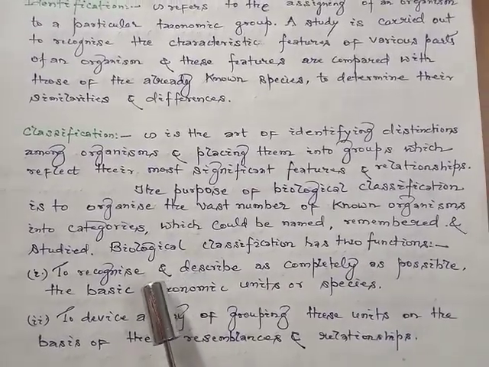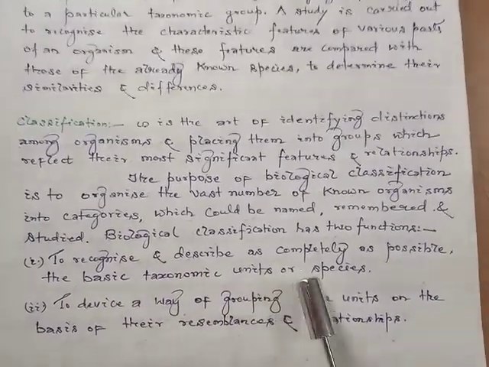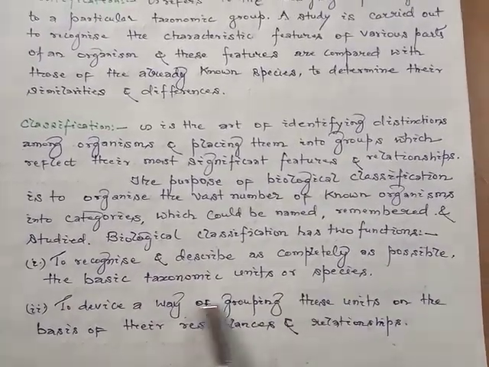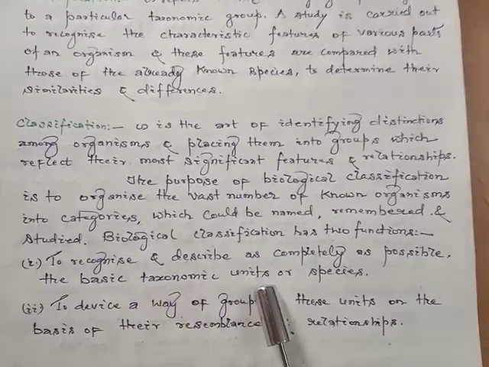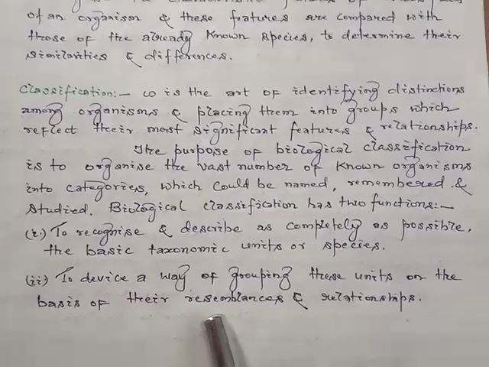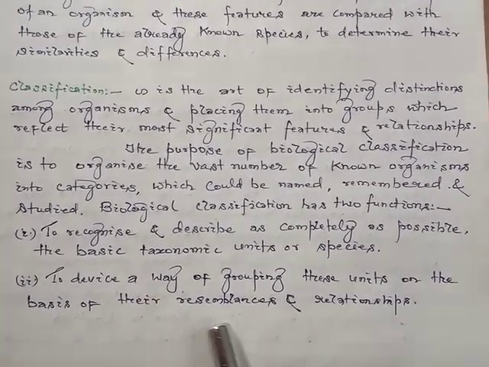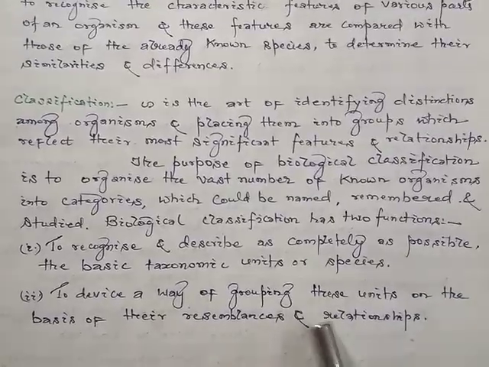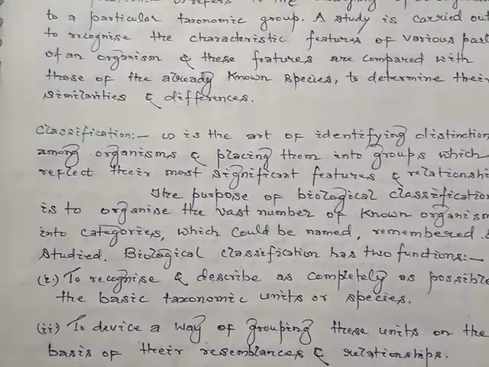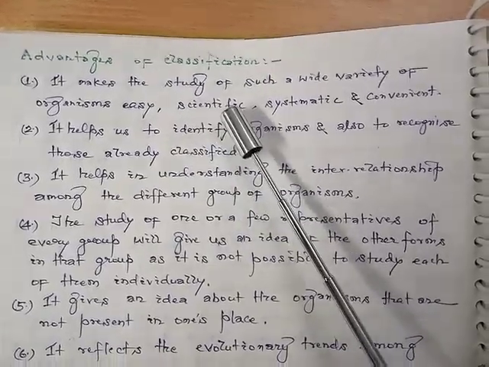What are those? First, to recognize and describe as completely as possible the basic taxonomic units or species. And second, to devise a way of grouping these units on the basis of their resemblances and relationships. Next, what are the advantages of classification?